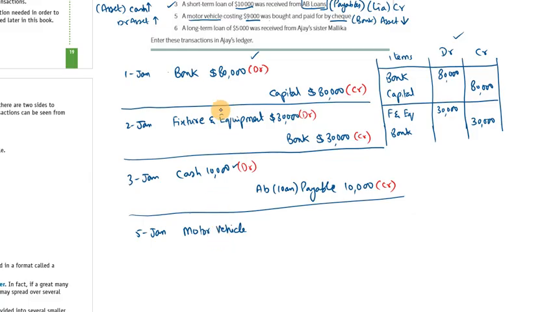Why? Because if I record asset here, at the end of the day I will never recognize on which asset I spent a lot of money. So I will record the asset by its name.